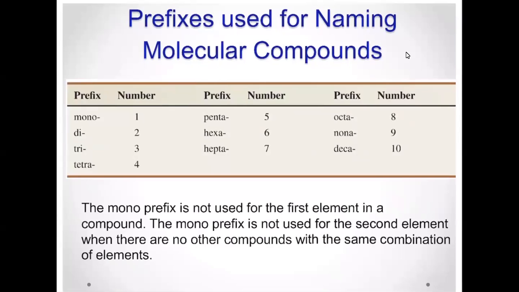Again, here's a review of your prefixes. Note that the mono prefix is not used for the first element, and it is also not used for the second element when there are no other compounds with the same combination of elements.